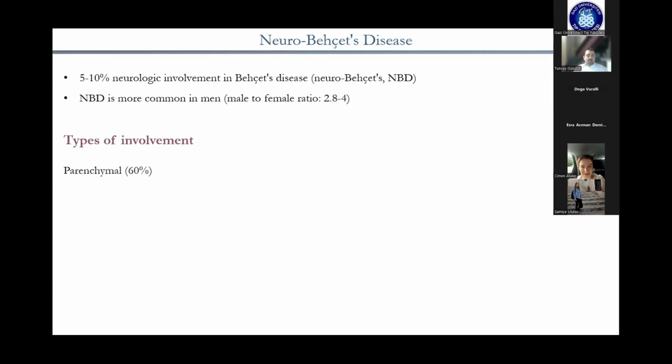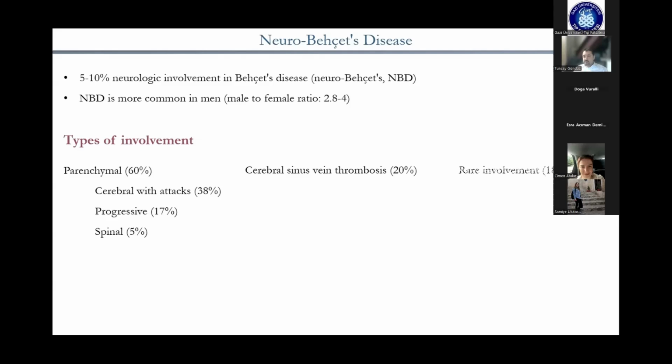And what kind of involvements may we see? 60% have parenchymal involvement, 38% cerebral, 17% maybe progressive, and 5% is spinal. 20%, as Serkan mentioned, has cerebral sinus vein thrombosis, and we also see rarer involvements, which may include pseudotumor cerebri, ischemic stroke, and 3% with MS.